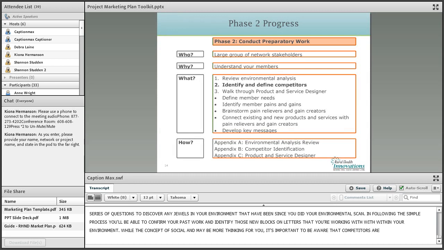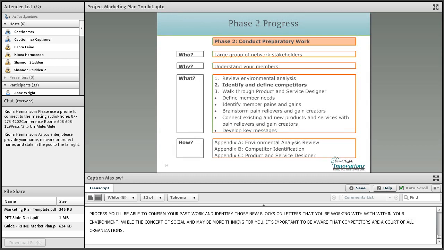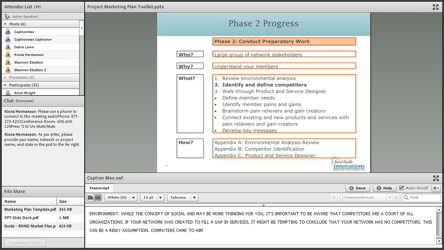Well, the concept of competition may be new thinking for you. It's important to be aware that competitors are a part of all organizations. If your network was created to fill a gap in services, it might be tempting to conclude that your network has no competitors. This can be a risky assumption.